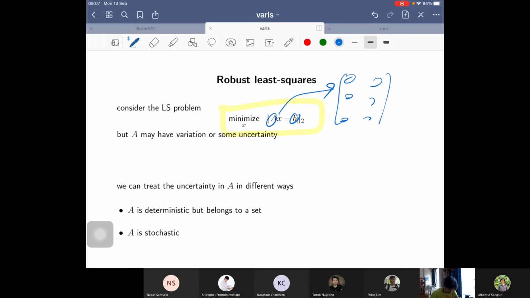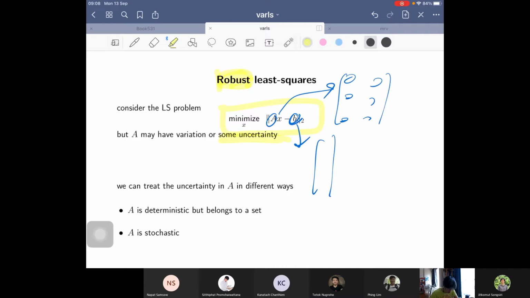And the vector B is the measurements of the response variable. Again, if you have some idea that this B is uncertain, probably in a probabilistic sense or another kind of sense, now we're going to propose a framework that is robust to this kind of uncertainty.